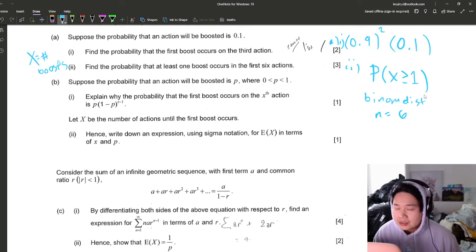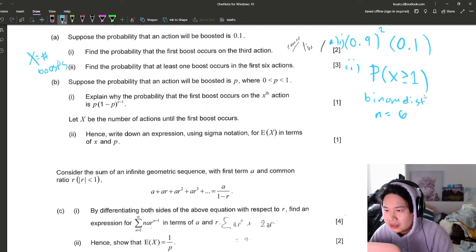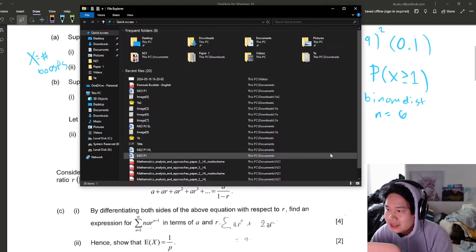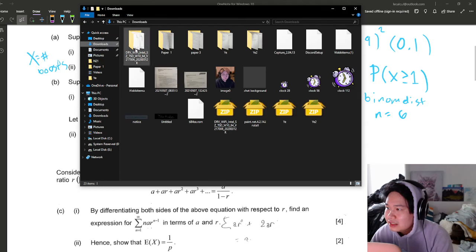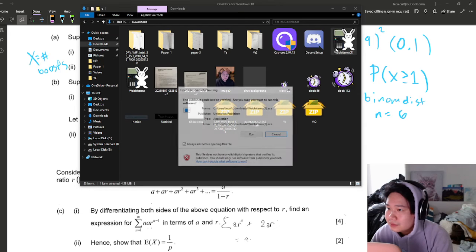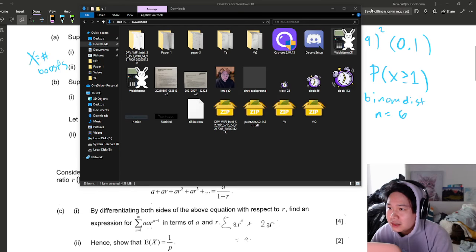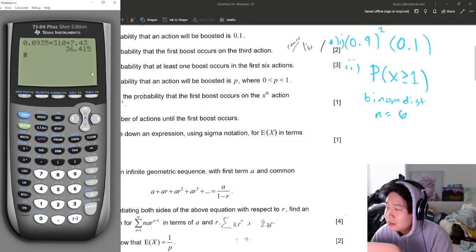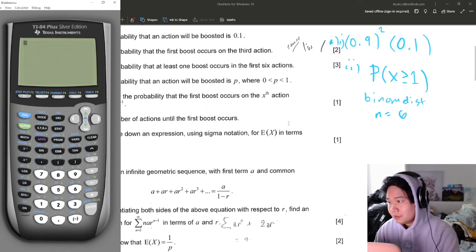So what you can do is, you need a calculator. And I don't know if I still have my TI emulator. But let's see. Okay. And it's been a while since I've done this.